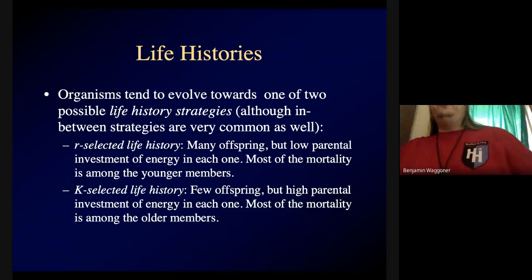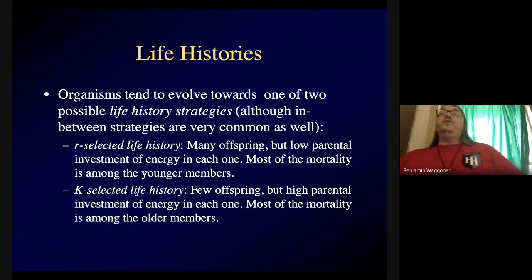Organisms that are R-selected will produce many, many offspring, but each parent invests little energy in each one. That means the vast majority of the offspring die. Most of the dying, the mortality, is done by the younger members. I'll show you a great example of this in just a minute.